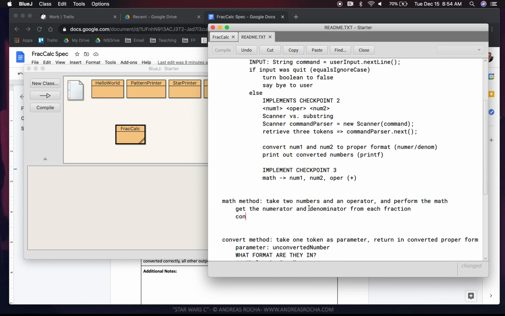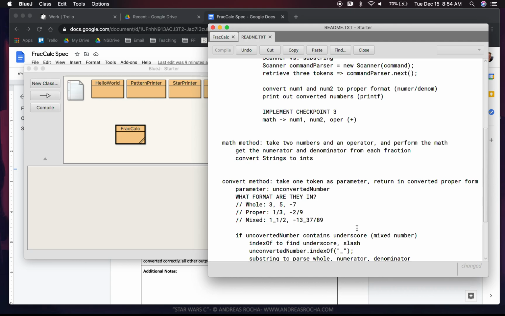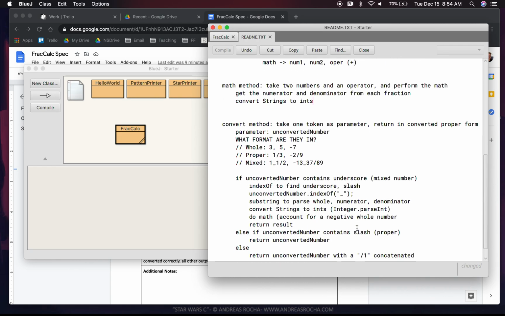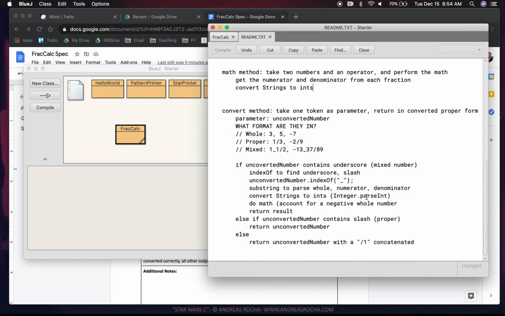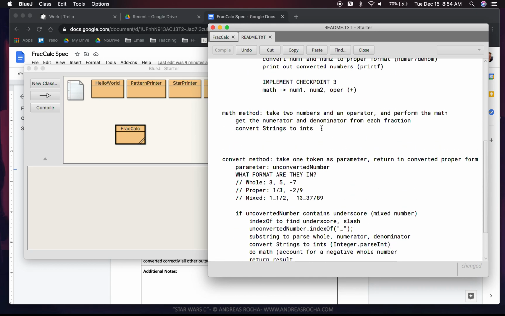Then you got to make sure to convert the strings to ints. We talked about that before. We can use Integer.parseInt to convert strings to ints. I think that was a technique that we used in our convert method. So then you have to do the math, right?